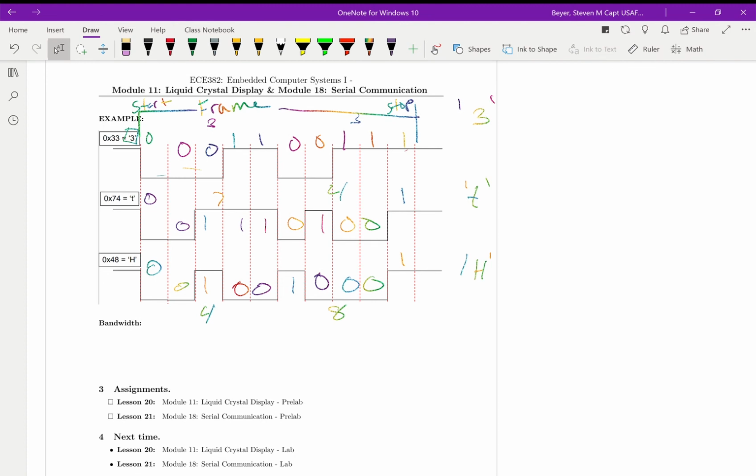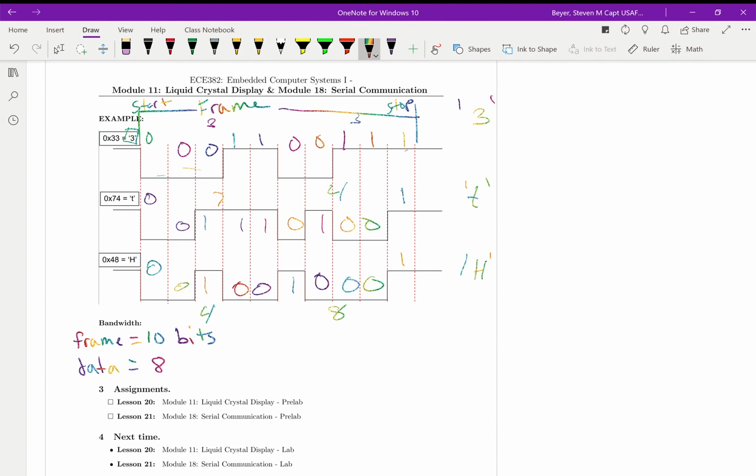All right, bandwidth. So think of bandwidth as the amount of data that is sent per second. So if I have a start and stop bit and 8 bits of data, my frame is 10 bits. My data is only 8 bits.